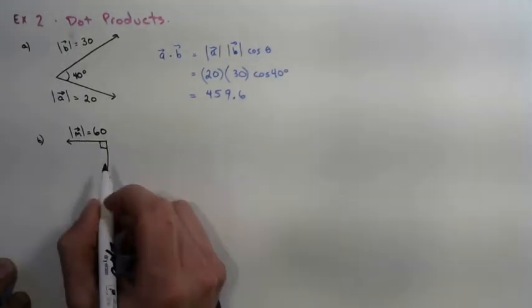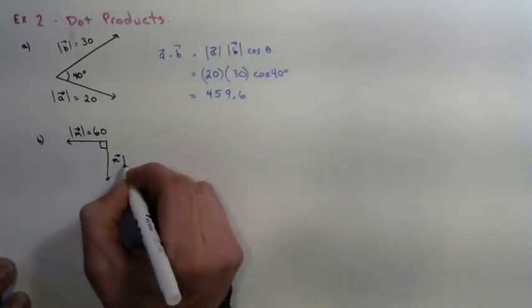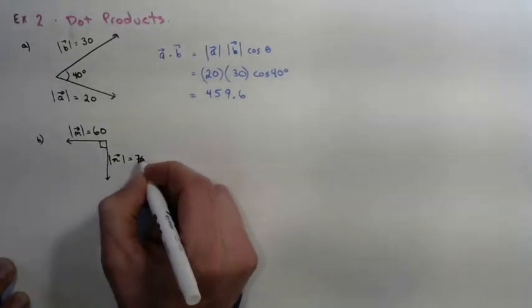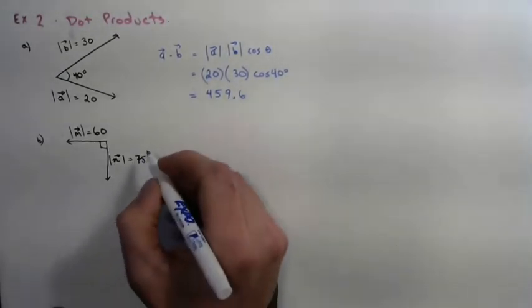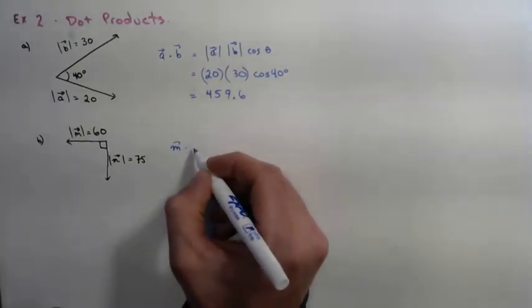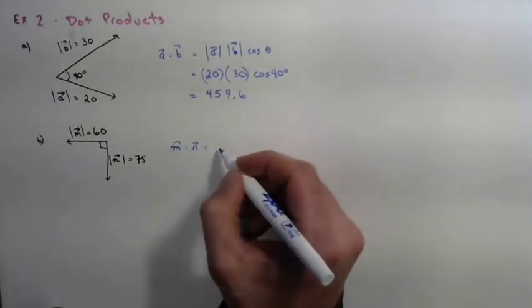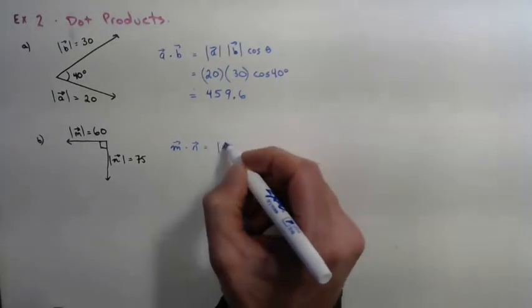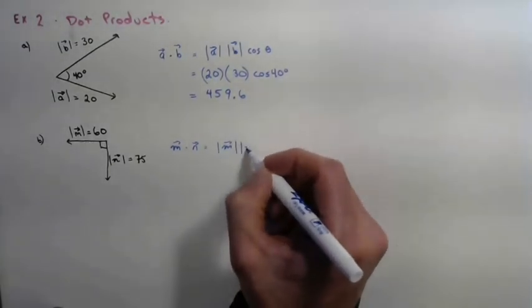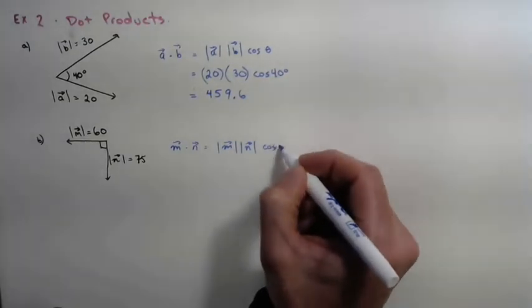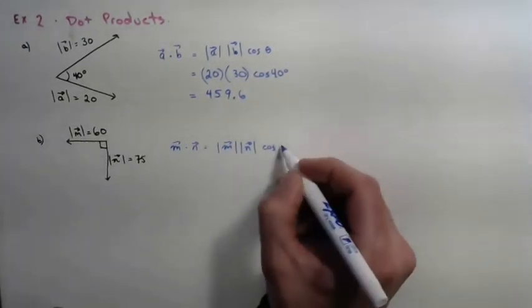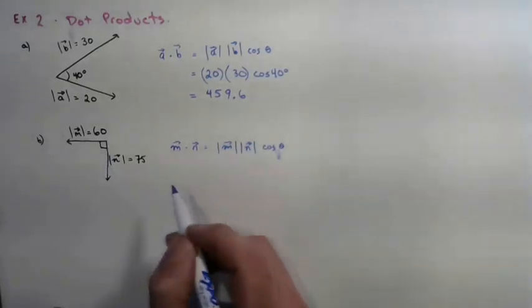Well, it doesn't matter what these magnitudes are, but we're told that the magnitude of vector M is 60, the magnitude of vector N is 75, and we need to calculate their dot product. M dot N is equal to the magnitude of M times the magnitude of N times the cosine of angle theta. Well, angle theta is 90 degrees.